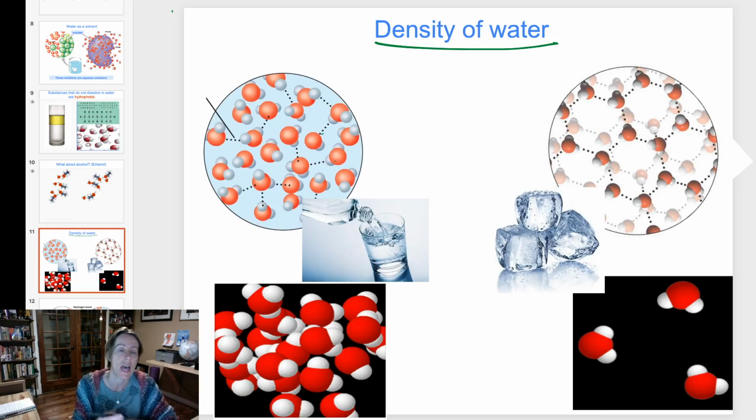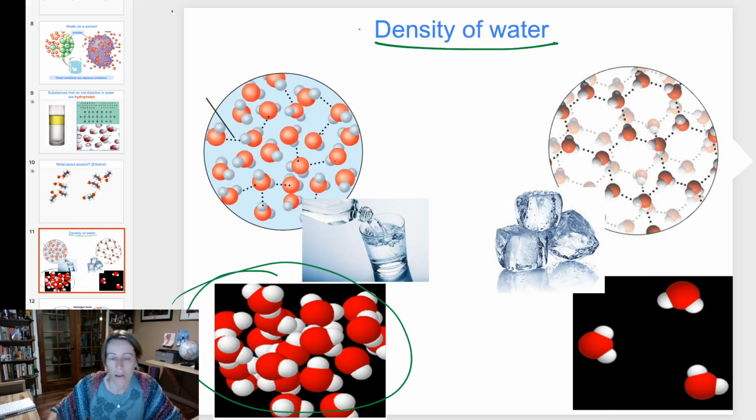They've got some energy, and because they're moving around, they're able to sort of pull away from their nearest neighbor, and then they get attracted to a different neighboring molecule. And because they're so busy and moving around, you can see how they end up getting quite crowded. They're constantly flying by each other, and this one's moving up here, and this one's moving over here, and this one's moving down here, and they end up getting kind of close together. So that's what the molecules look like in this bottle of liquid water, pretty close together.